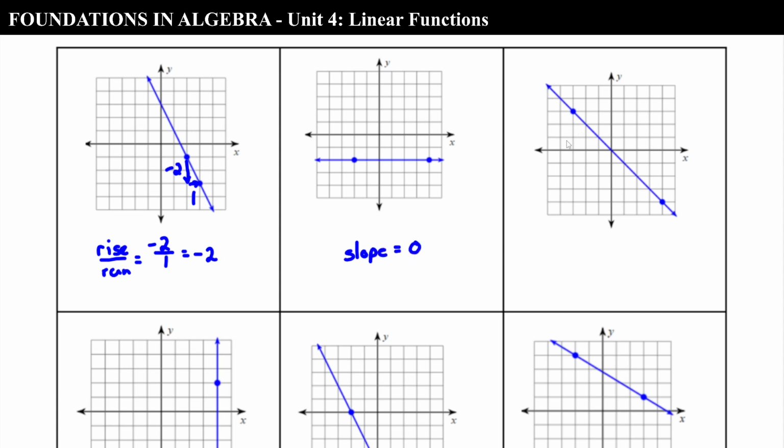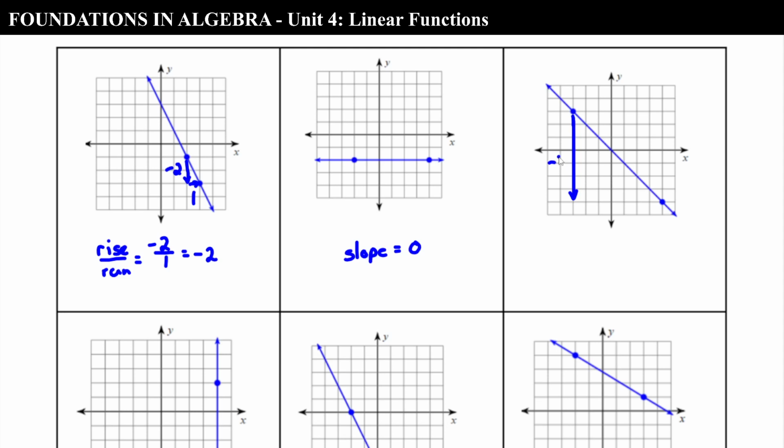For this one, let's look at it between the 2 points here. Let's draw our lines first. We have 1, 2, 3, 4, 5, 6, 7. So we're going down 7. Let's count that one more time to make sure. 1, 2, 3, 4, 5, 6, 7.